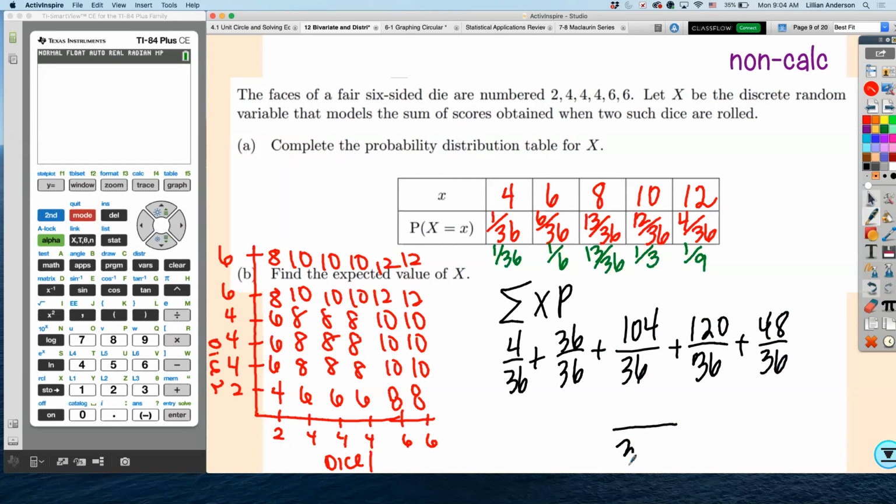So when I sum up all of my numerators without my calculator, somebody double check behind me. Oh, that's what I got. So it'll be 312 out of 36. Does that go in evenly?